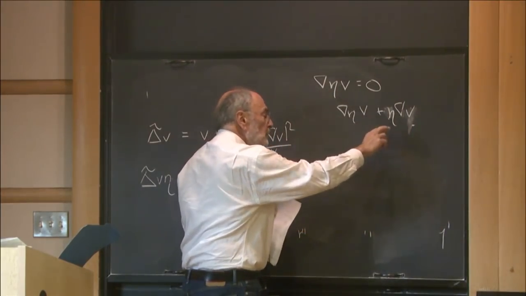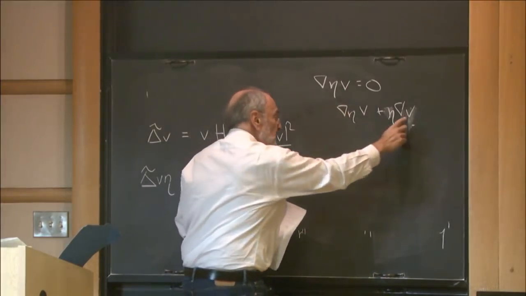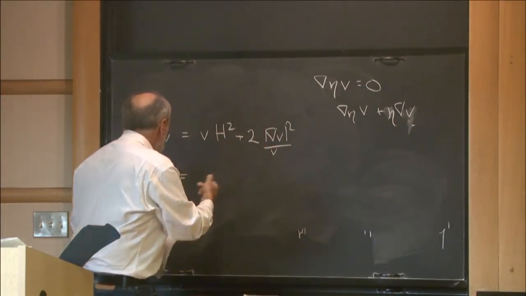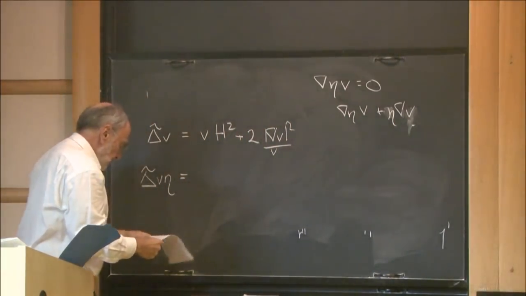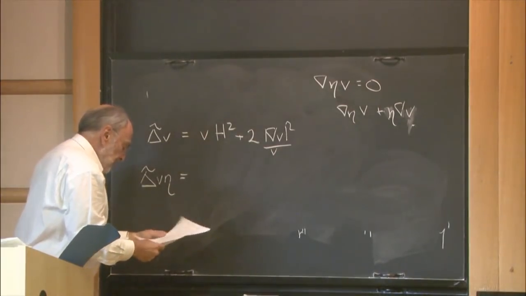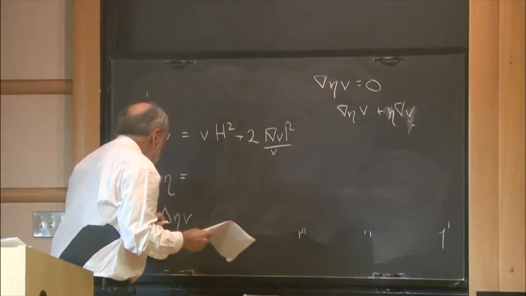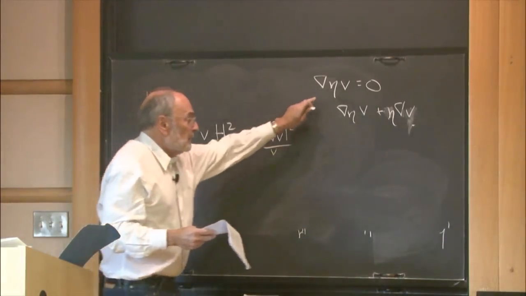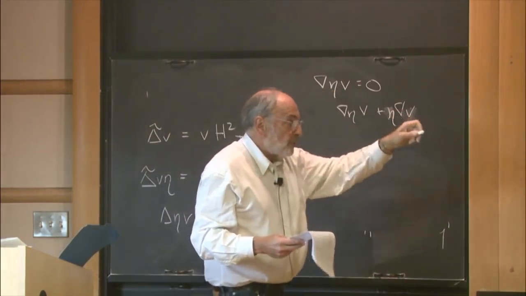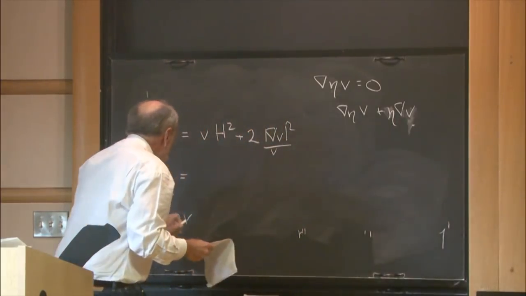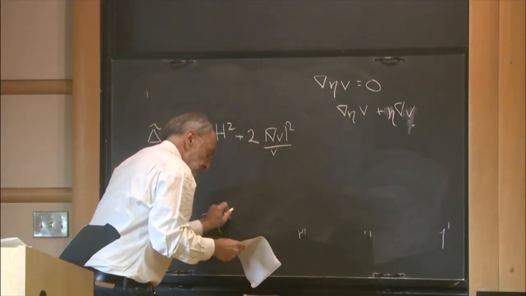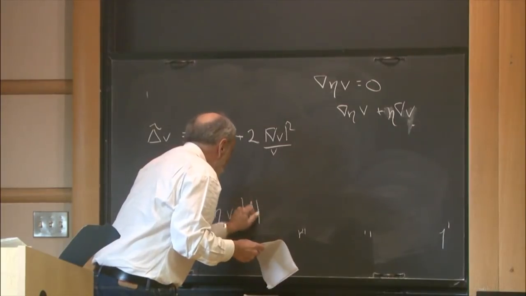When this is 0, you get an expression for the gradient of eta in terms of the gradient of v. When you substitute that in for this term, you get out that the Laplacian of eta v, that's equal to the drift Laplacian at a critical point, because the drift term is gone, equals eta times v times the norm of A squared.